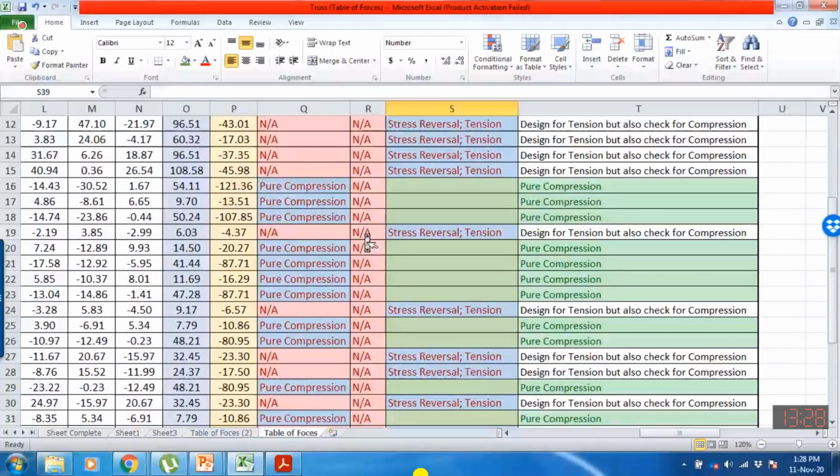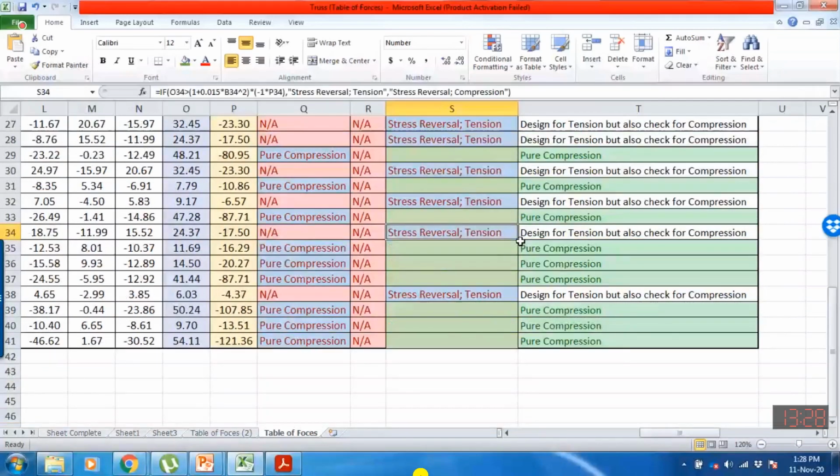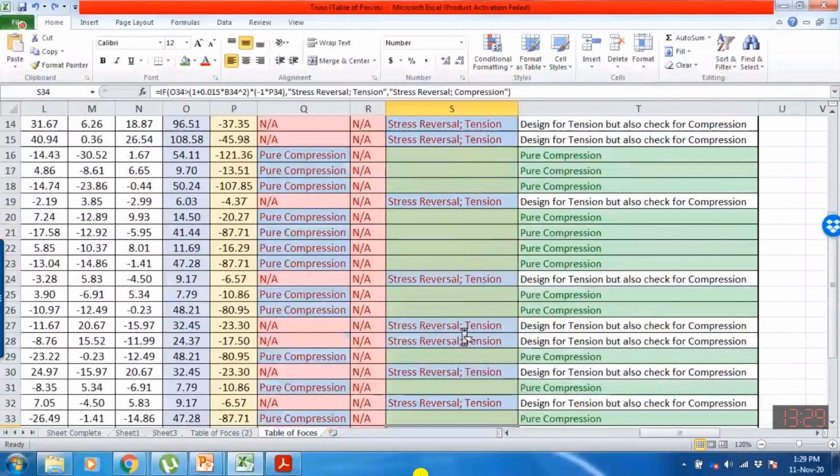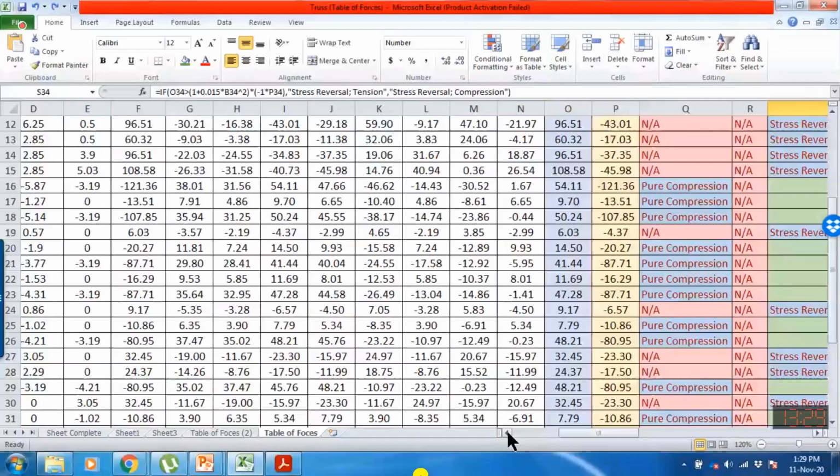For example, if I write down here, you might have some of the members as stress reversal compression. Stress reversal compression means that it will be designed as a compression member, but the capacity will also be checked for tension. So in this way, you can print out this table of forces. Either you can print out this table of forces on an A3 sheet, or you can print this table in parts, maybe on A4.